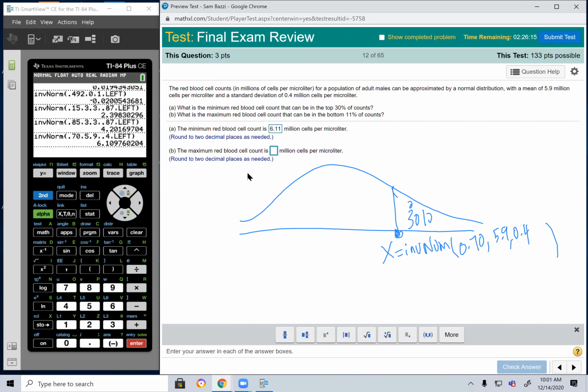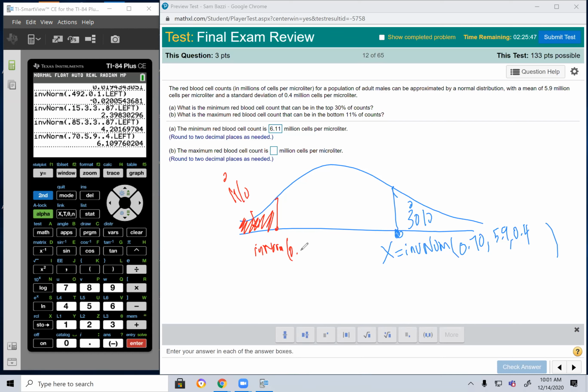What's the maximum red blood cell count that can be in the bottom 11%? Well, bottom 11%, guys, watch right here. Let me change the color. So what is it gonna be? Inverse norm.